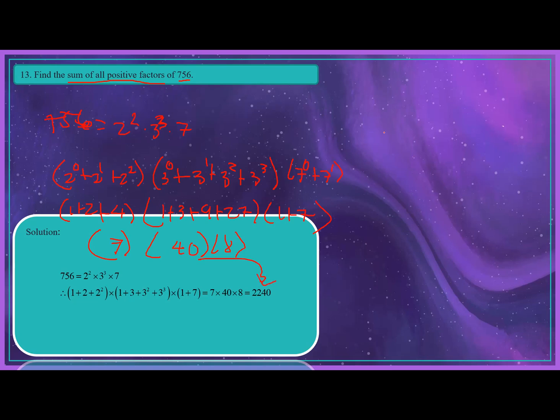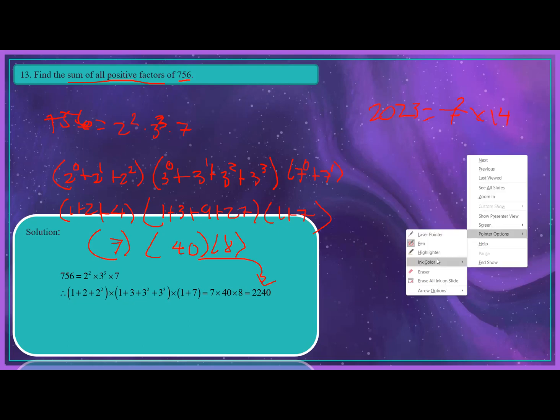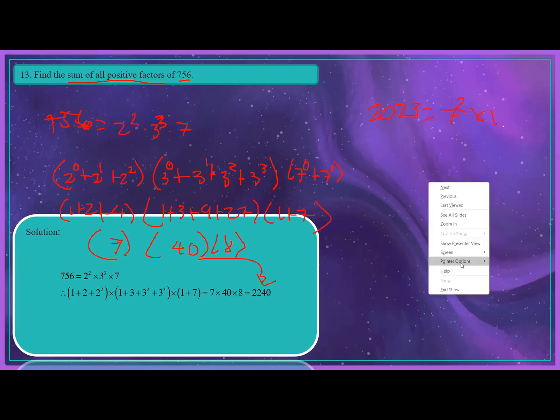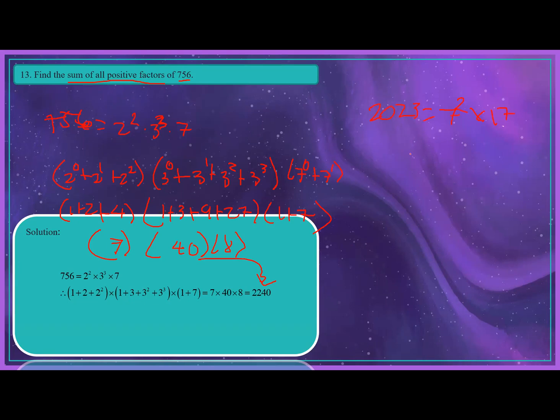How about our year today? We have 2023. This is 7 squared times 17. To find the sum of all positive factors of 2023, that's 7 to the 0 plus 7 to the 1 plus 7 squared, times 17 to the 0 plus 17 to the 1.